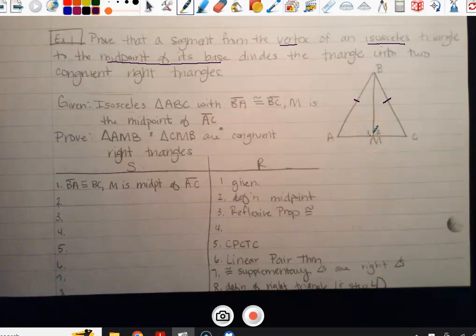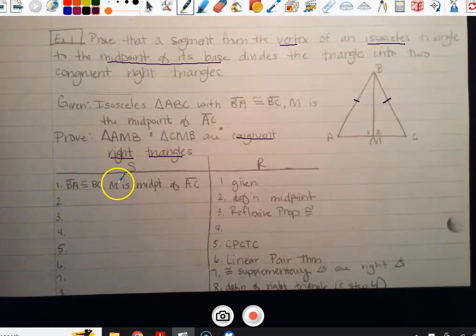We want to prove that triangle AMB and triangle CMB are congruent right triangles. That's what we're trying to get to, congruent right triangles. So we probably need to prove that they're congruent, and then we're going to have to prove that we have right angles in them.